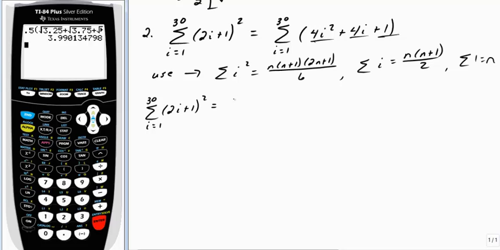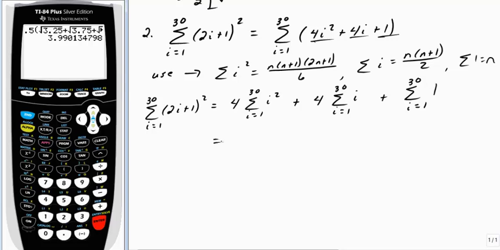I'll factor a 4 out of that, then say times the summation from i equals 1 to 30 of i squared. Plus, I have the summation of 4 i's. Once again, I can factor a 4 out of that individual summation and say i equals 1 to 30 of i. And then lastly, I would have plus the sum from i equals 1 to 30 of 1.